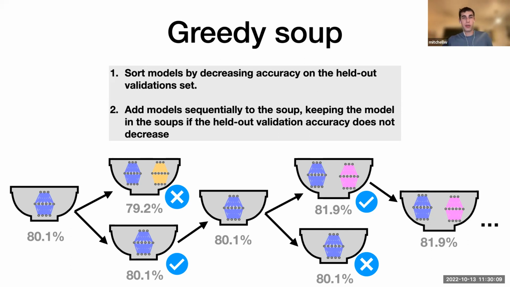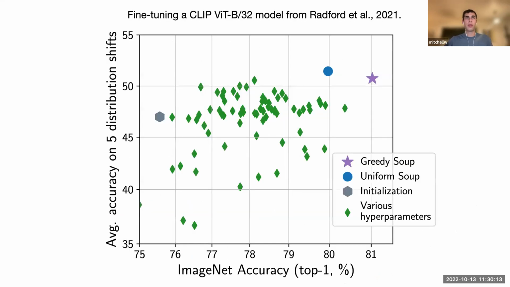Yeah, so let's look at how this is going to perform. Here are results when fine-tuning the CLIP ViT-B/32 model from Radford et al. on ImageNet. Again, on the x-axis is performance on ImageNet, and on the y-axis is performance on these distribution shifts, so we want to be in the upper right here.